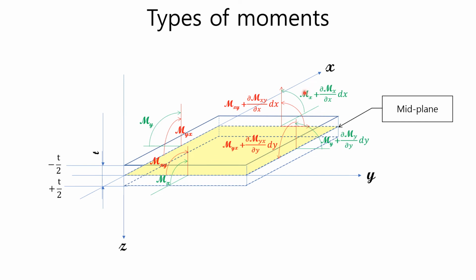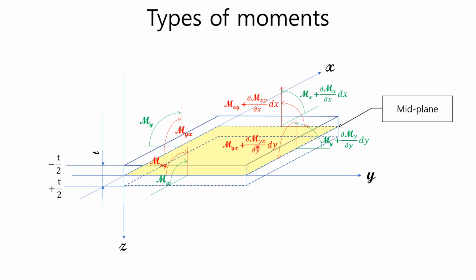In the same way as the forces, all the moments on the tiny square piece of thin plate can be shown as in the picture. We have 2 bending moments, Mx and My, and 1 torsion moment, Mxy, because Myx is equal to Mxy.